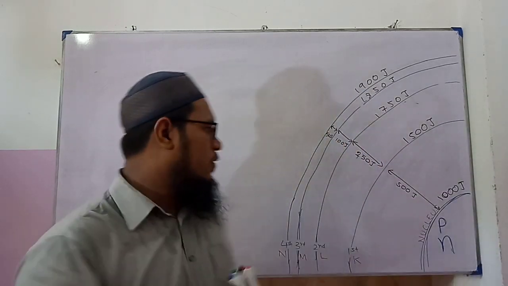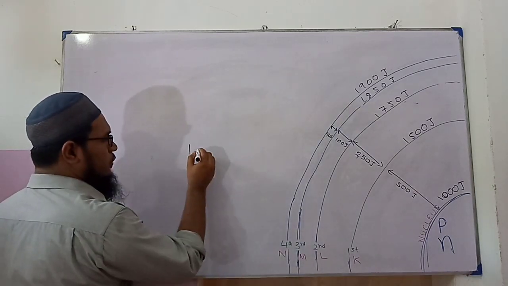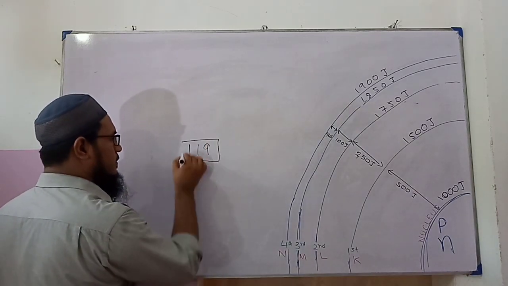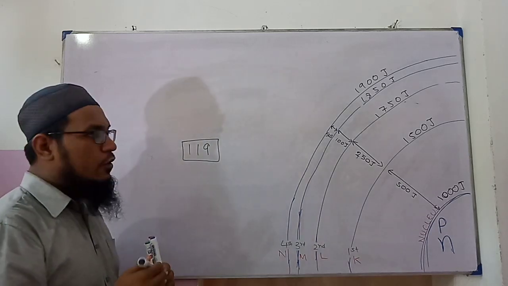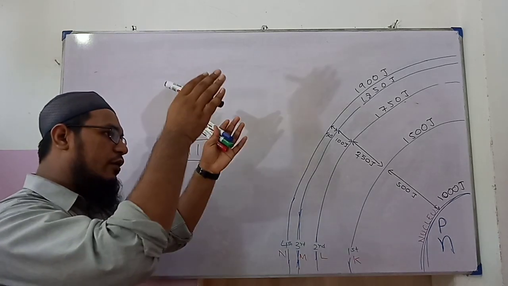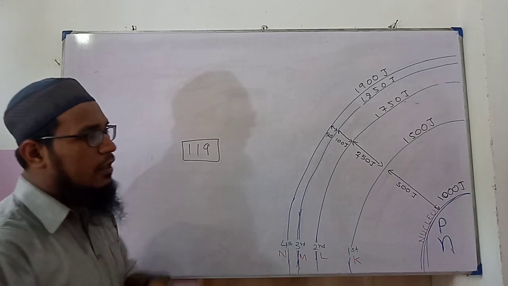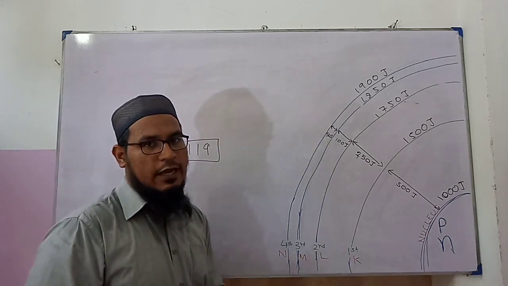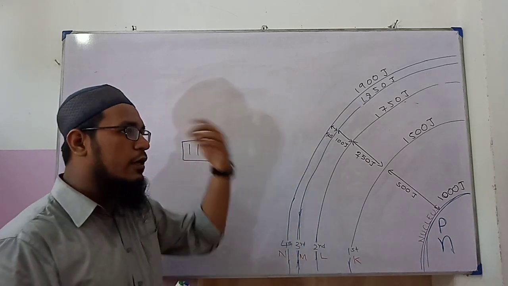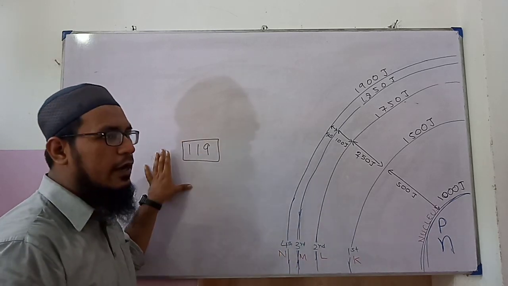So now we all know that we have around 119 elements, the total periodic table. When learning the total periodic table that you will be doing in A levels, advanced level, or when you are doing a degree level, you will be studying all the 119 elements.